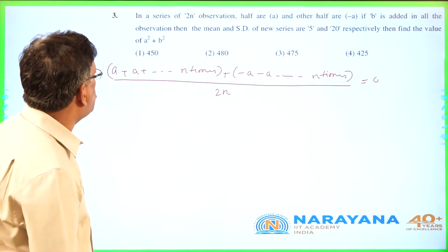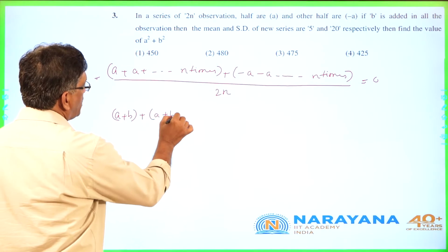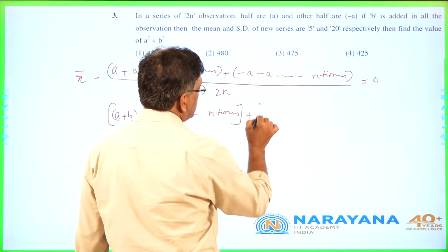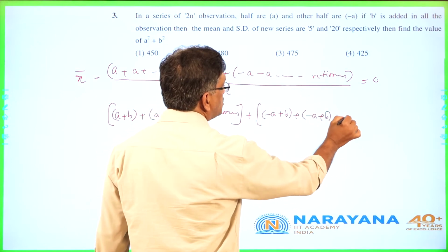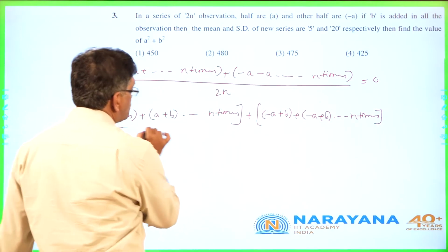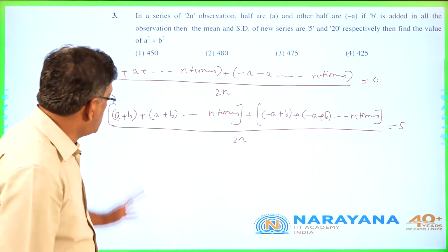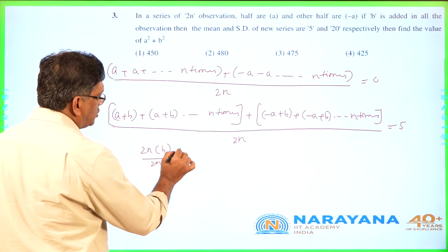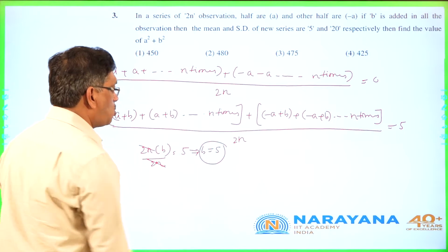If B is added to all the observations, that is A plus B, so on n times, plus minus A plus B, so on n times, then the mean, this divided by 2n, is equal to 5, as he has given. All the a's cancel. It is 2n times b by 2n equals 5. That means b equals 5. We have got the b value.